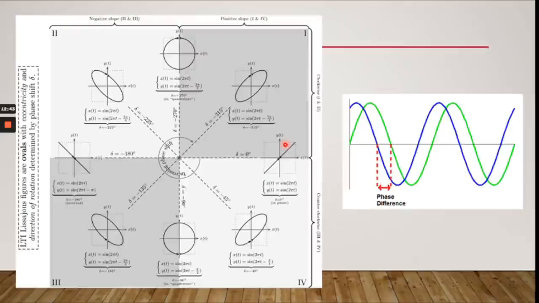And as we go along in clockwise direction, when the phase difference is 45 degrees, we are going to see this shape.